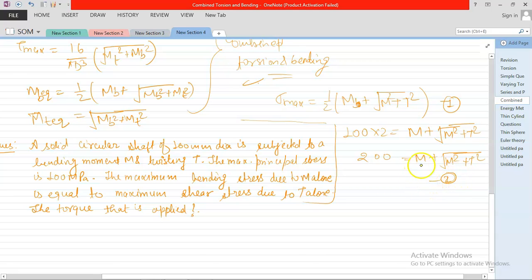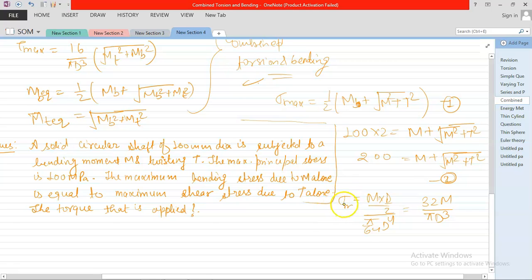Now it is given the maximum bending stress due to M alone is equal to maximum shear stress due to T alone. Maximum bending stress due to M will be M into d by 2 divided by pi by 64 d power 4, that is 32 M by pi d cube.